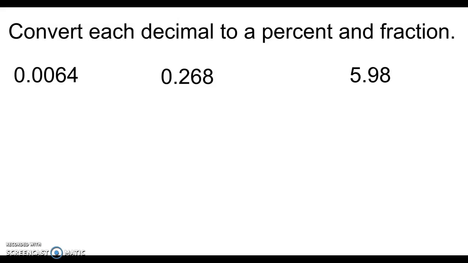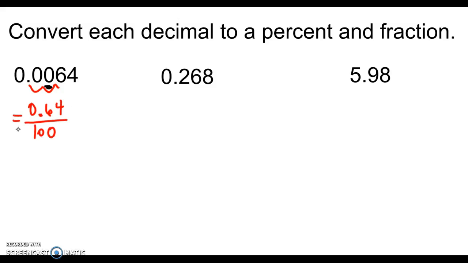Okay, let's try the next page. Here we've been given the decimal, and we're asked to put it into a percentage, which we just did, and then turn it into a fraction. So let's do that. We'll move this decimal over 2 times, because here's the hundredths spot. Let's try a little different form this time. We'll move this decimal over 2 times to the hundredths, and so here we have, when we move the decimal over, 0.64 hundredths.